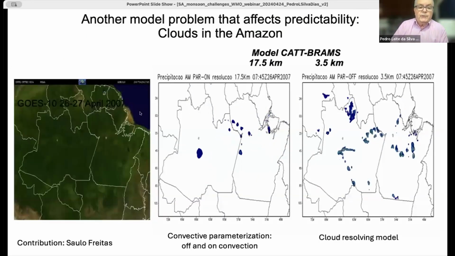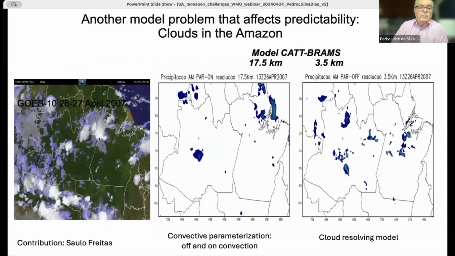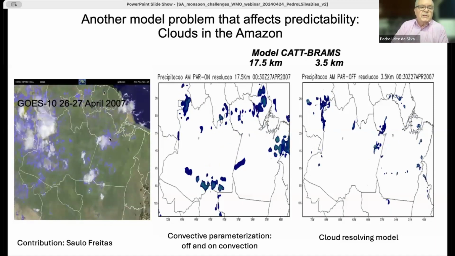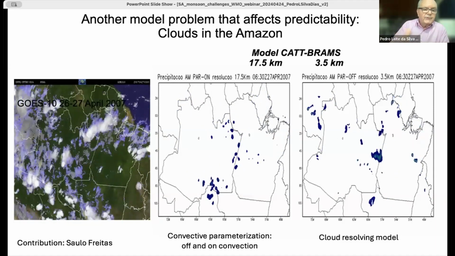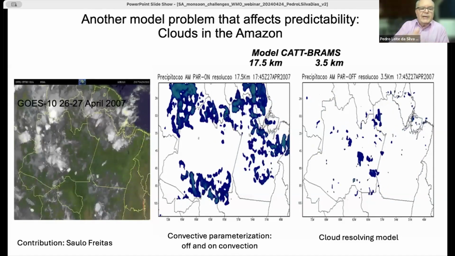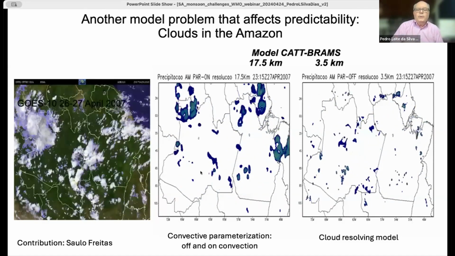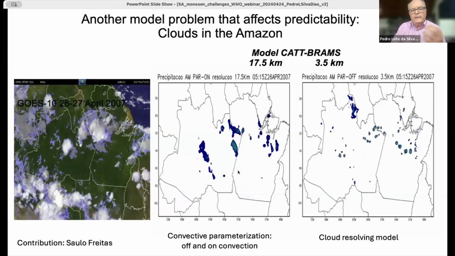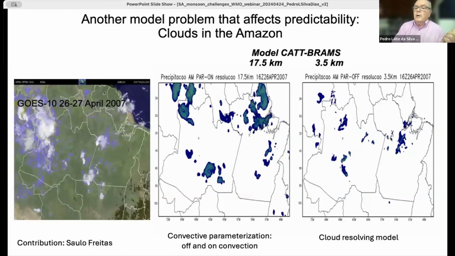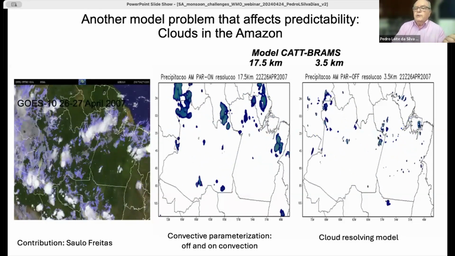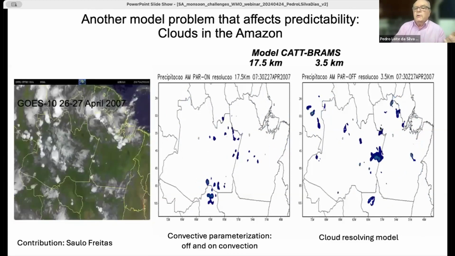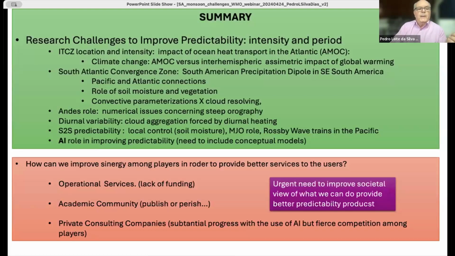Another point is the ability of the models to describe the actual behavior of convective systems. You can see on the left here that systems are displacing westward, very organized in the form of lines and so on. With convective parameterizations, you have this on and off system. But when you run high-resolution, convection-resolving models, you seem to have a behavior of convection which is closer to reality.